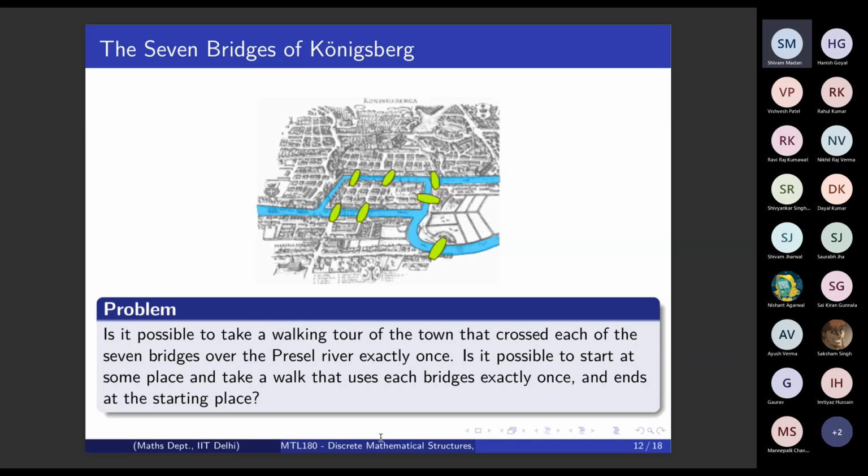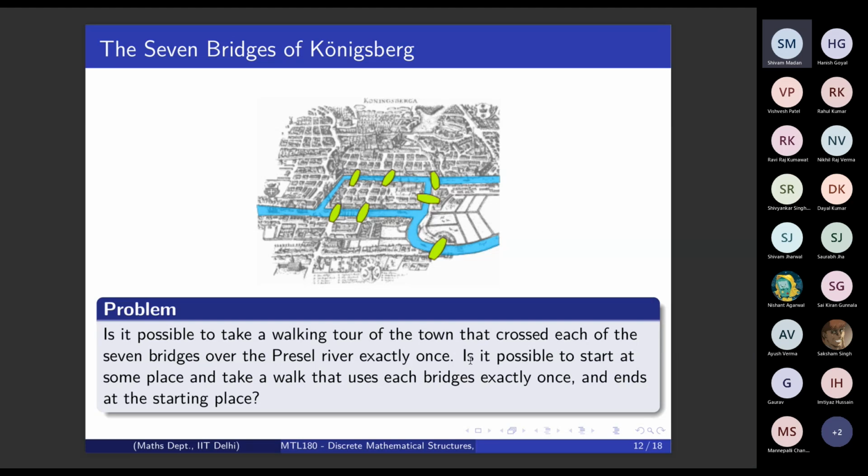Is it possible to take a walking tour of the town that crosses each of the seven bridges exactly once? Remember the term. So you have to take a tour, that is, you roam around the city in such a way that you cross each bridge exactly once. Is it possible to have such a tour?